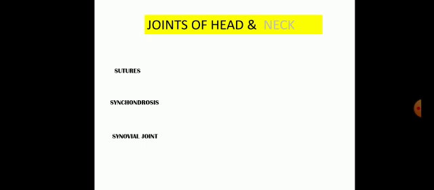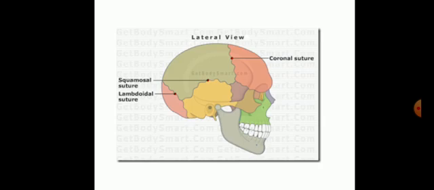So the joints of the head and neck are mainly sutures and synchondroses and very rarely synovial joints. The joint between the frontal and the parietal bone is the coronal suture. Between the two parietal bones, it is the sagittal suture. Between the parietal and the occipital bone, that's the lambdoid suture. Between the parietal and the temporal bone, we have the squamous suture.